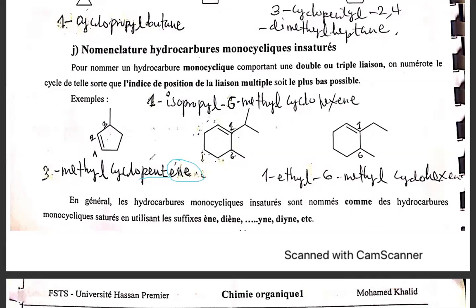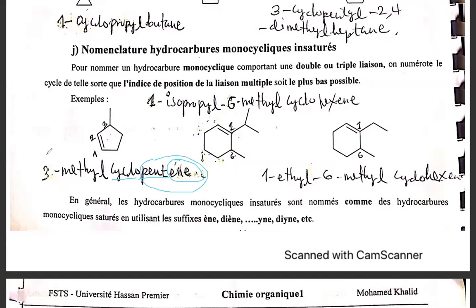So this shows us that we have a pentene, which is an aliphatic hydrocarbon that has a double liaison, because of the presence of this suffix ene. Then because it's a cycle, we add cyclo. Therefore, it will be called cyclopentene.